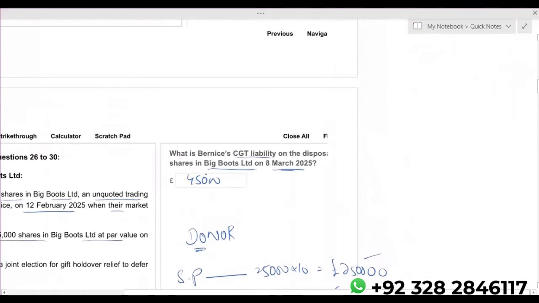It is mentioned in the question that Bernice has already utilized the annual exempt amount. Second, it is mentioned that Bernice and Angel, especially Bernice right now, are higher rate taxpayers. So there's no space in the basic rate band. That is why I did not go for 10%. Plus the capital gain is on other than residential property. That is why 20% is applicable, not 24%.